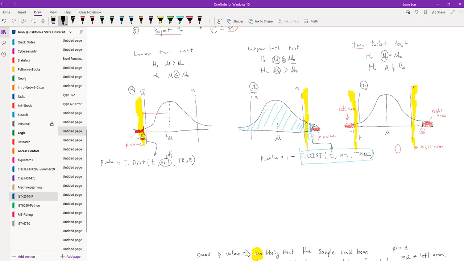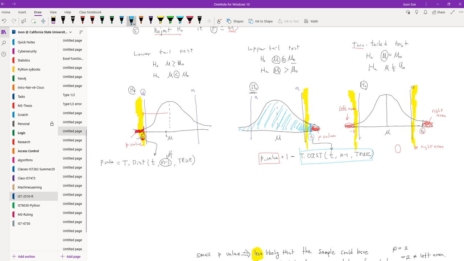So 1 minus this blue area gives you this red area. Graphically, this P value, the red area, is 1 minus this blue area. And that's how you can get this red area, the P value.